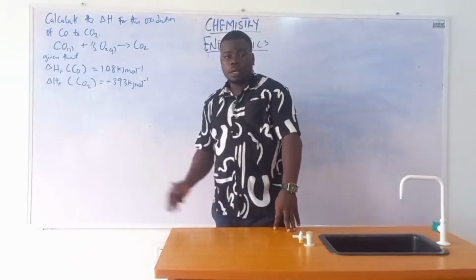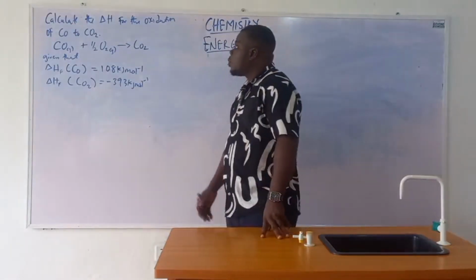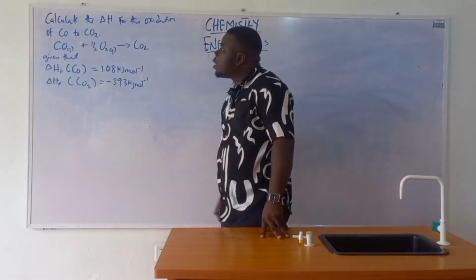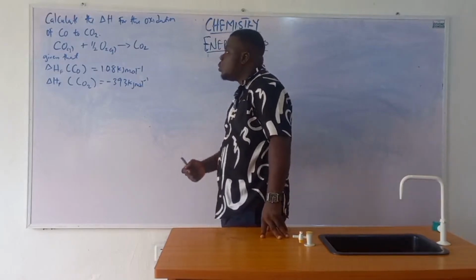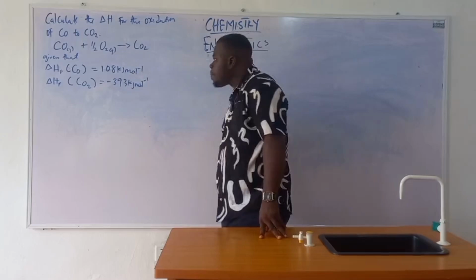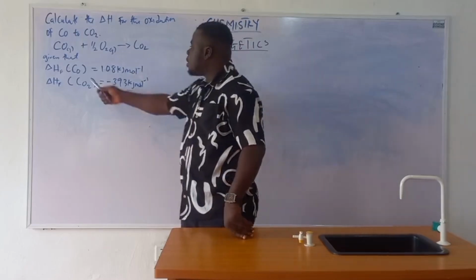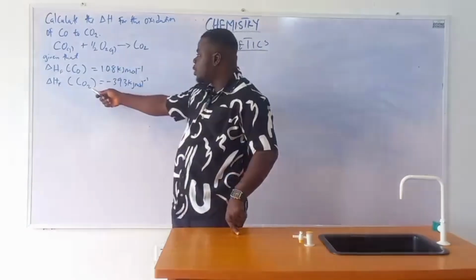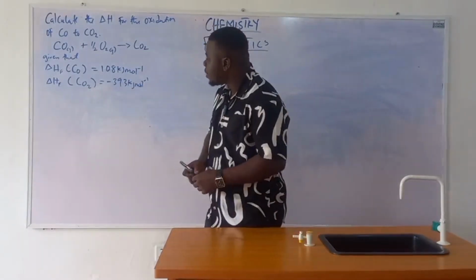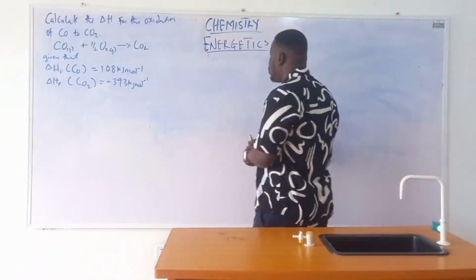So guys, here's another question. Now they said calculate the enthalpy change for the oxidation of CO to CO2. Given that CO equals 108 and CO2 equals minus 393 kilojoule per mole.